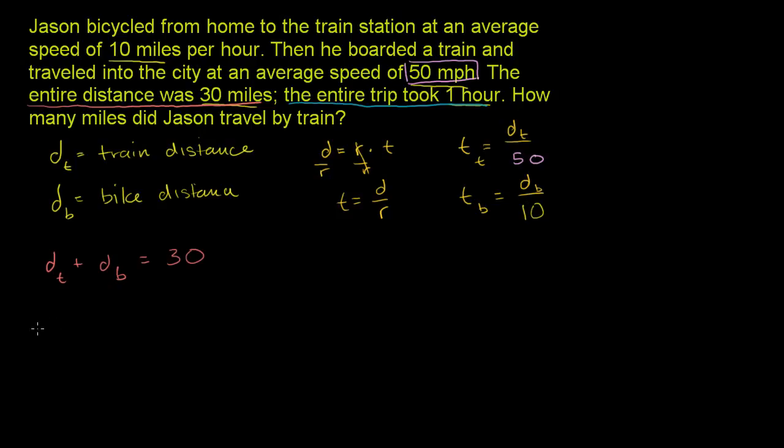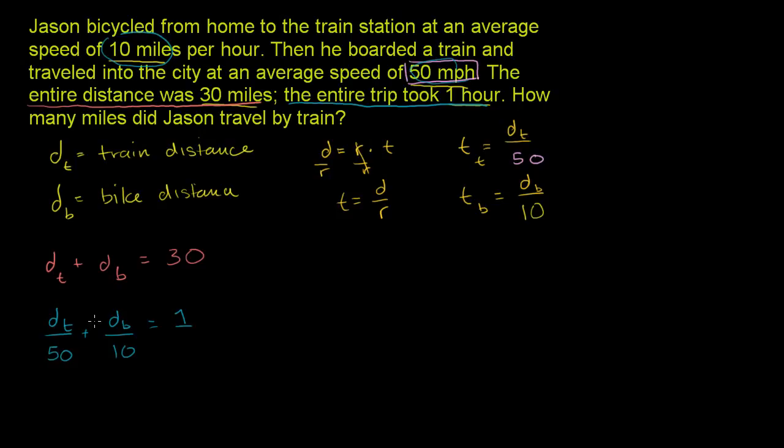The time by train is the distance by train divided by 50, plus the time by bicycle, the distance by bicycle divided by 10, and that is equal to 1 hour. That's what this statement is telling us, although we had to use that information to divide by the 10 and to divide by the 50.